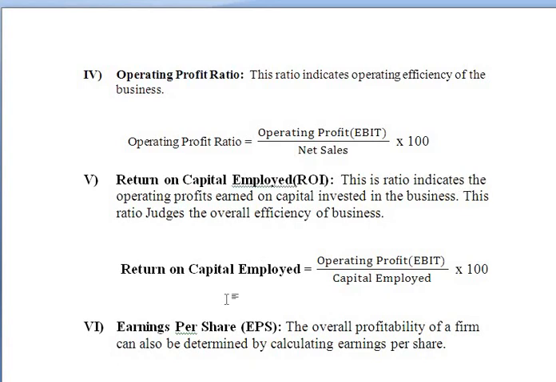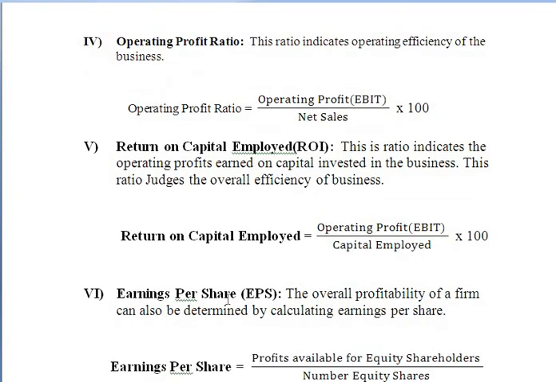The last one is earnings per share, that is EPS. The overall profitability of a firm can also be determined by calculating earnings per share. This ratio helps us understand the profit earned per share. The formula is profits available for equity shareholders divided by the number of equity shares.